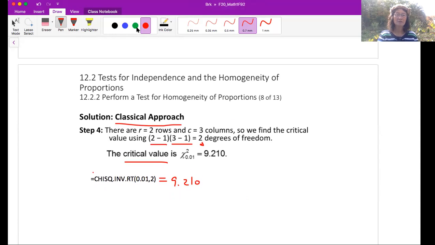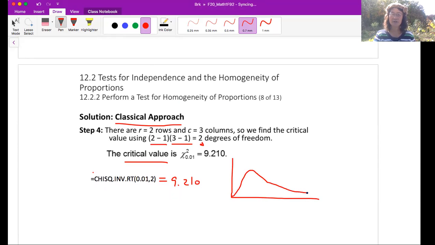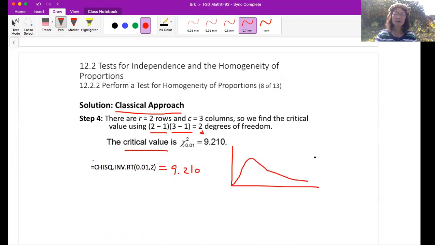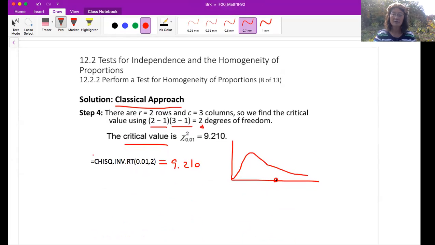So now you have the critical value. So what? You draw a diagram of the chi-square distribution, and then you label the critical value 9.21. Why do you need to label the critical value? Because the critical value decides the rejection region. This is the rejection region.